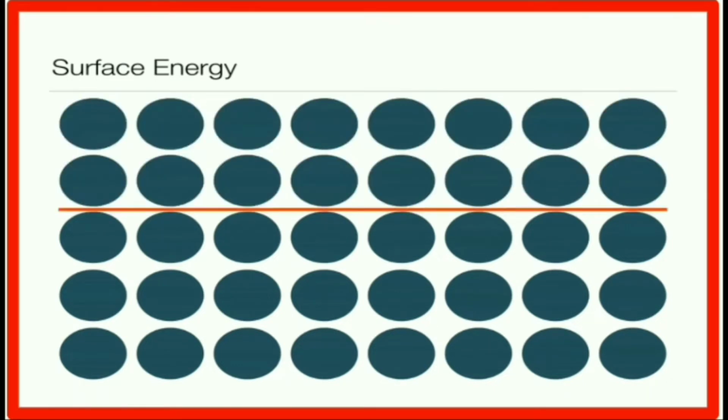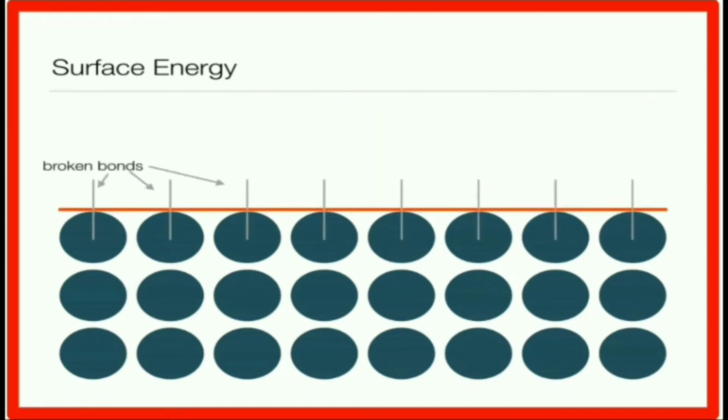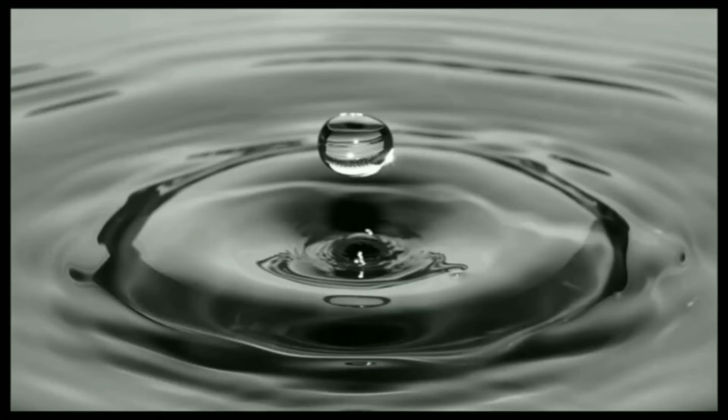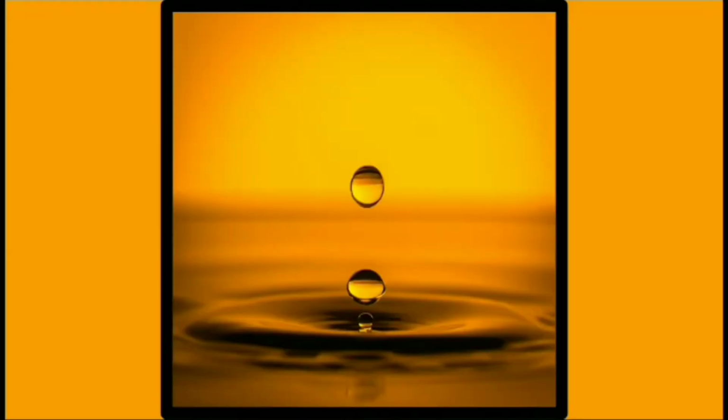The energy required to break the bonds is known as surface energy. The high surface tension of water causes droplets to assume a nearly spherical shape, and this shape minimizes the solid-liquid surface energy.